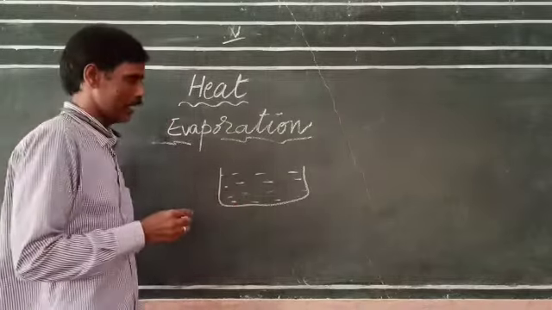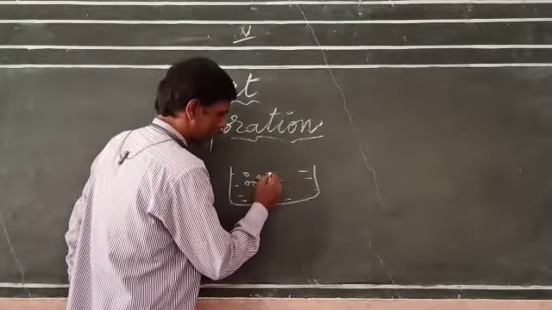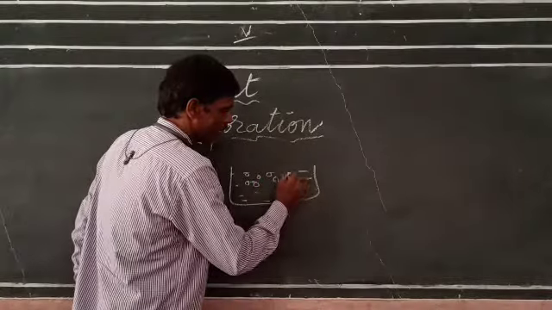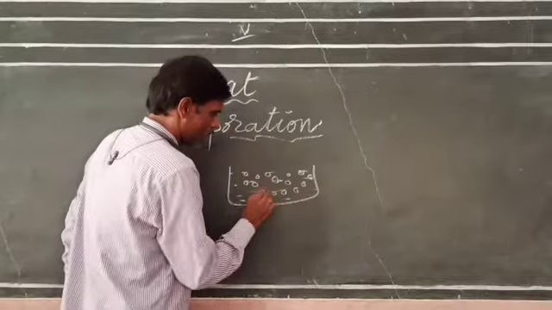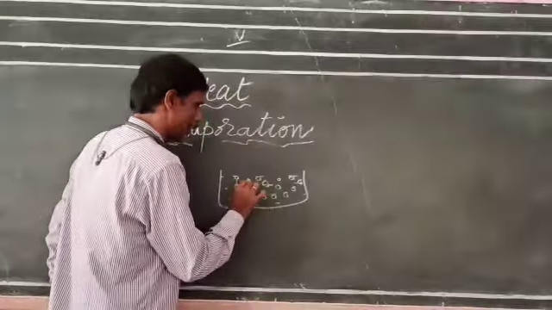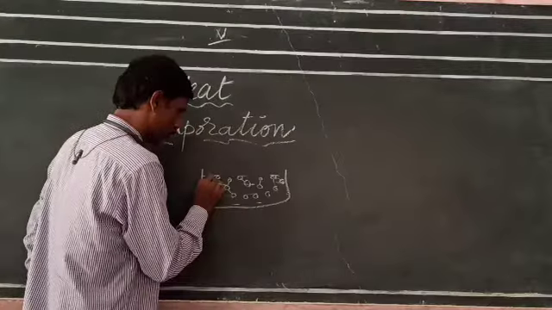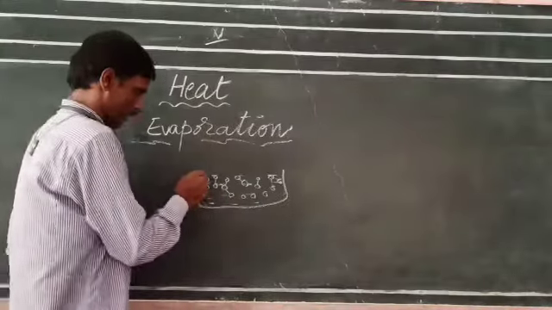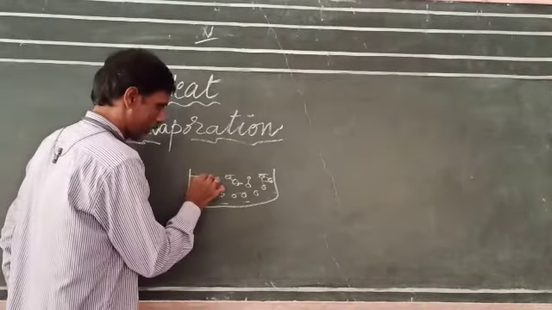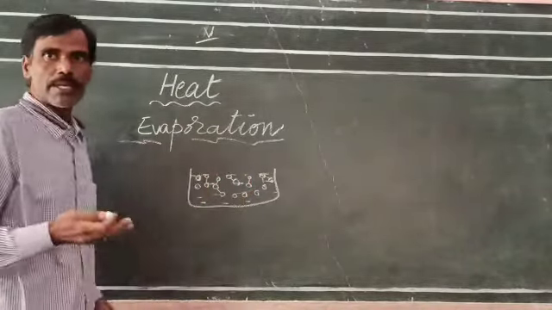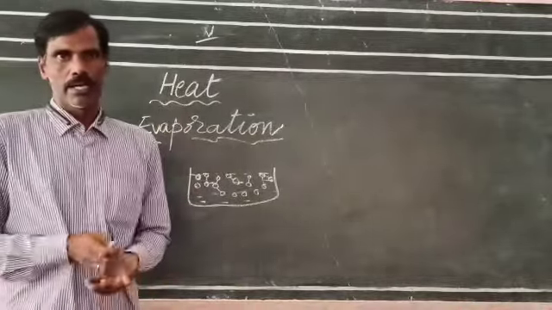As I discussed in the earlier video, due to the kinetic energy, there is a collision between the molecules, and the kinetic energy of the molecule is transferred from one molecule to another. The molecules at the surface of the liquid gain the kinetic energy and try to escape from the liquid.